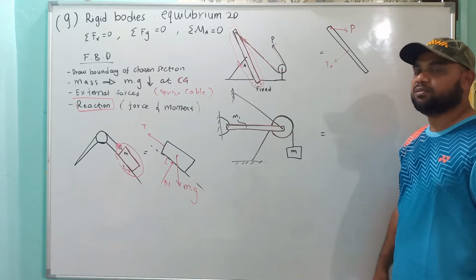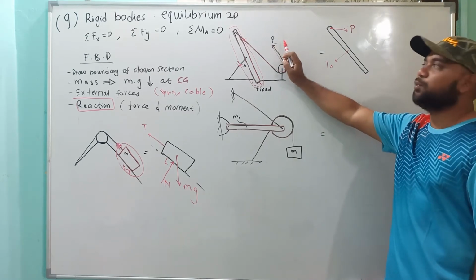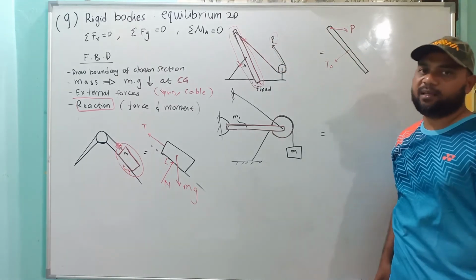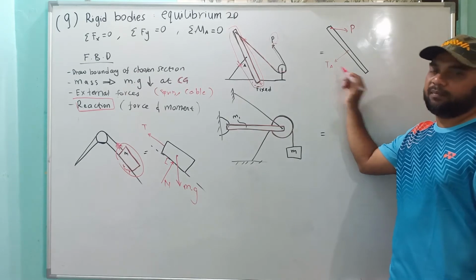Make sure you apply that. If you know the value of the force, or it is given, you directly put that. Don't just put TA, TB and so on. If you don't know, yes, you can put it.